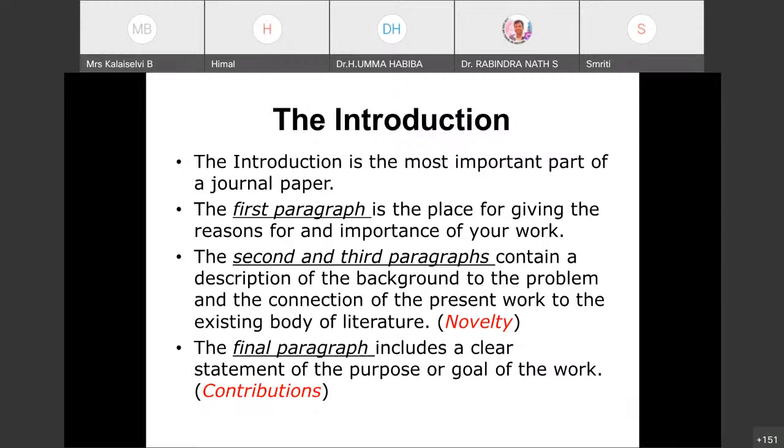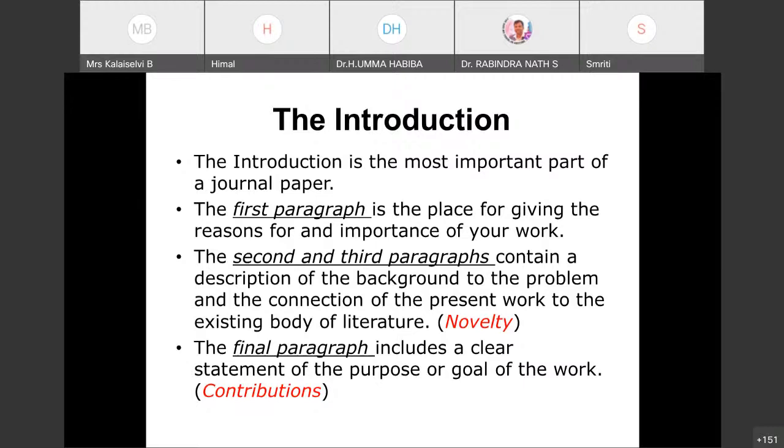So basically, it's a place to market or advertise the novelty of your research, right? You can talk about previous works, not everything, but let's say the most salient or the most important references that you wish to discuss.